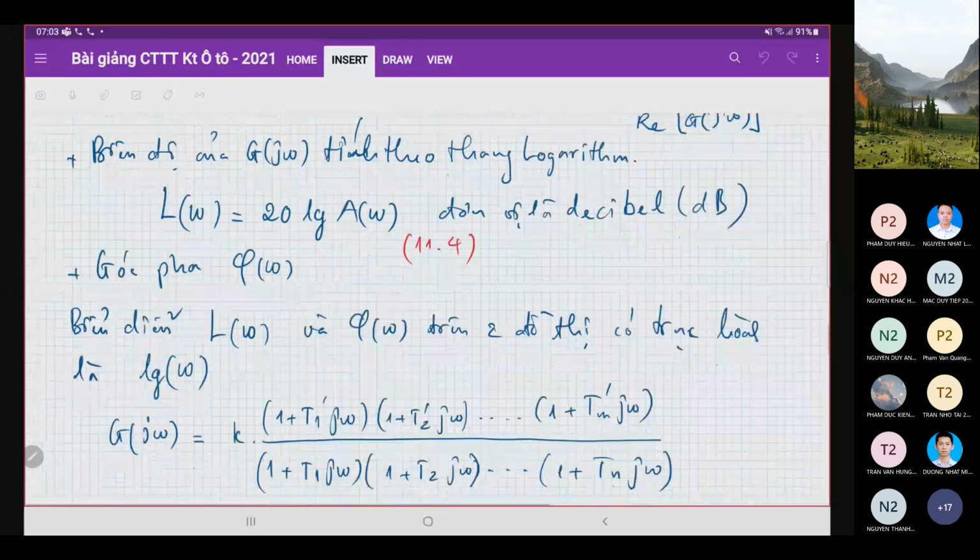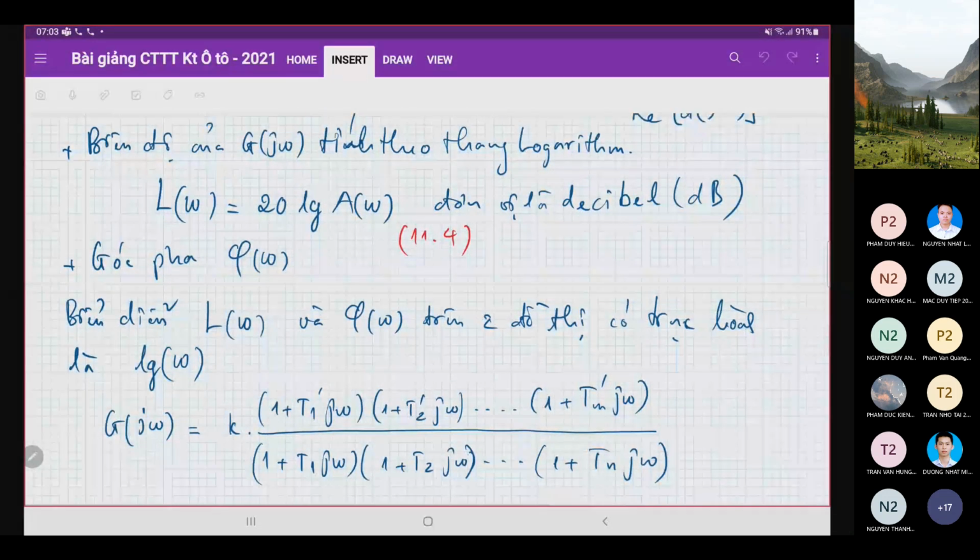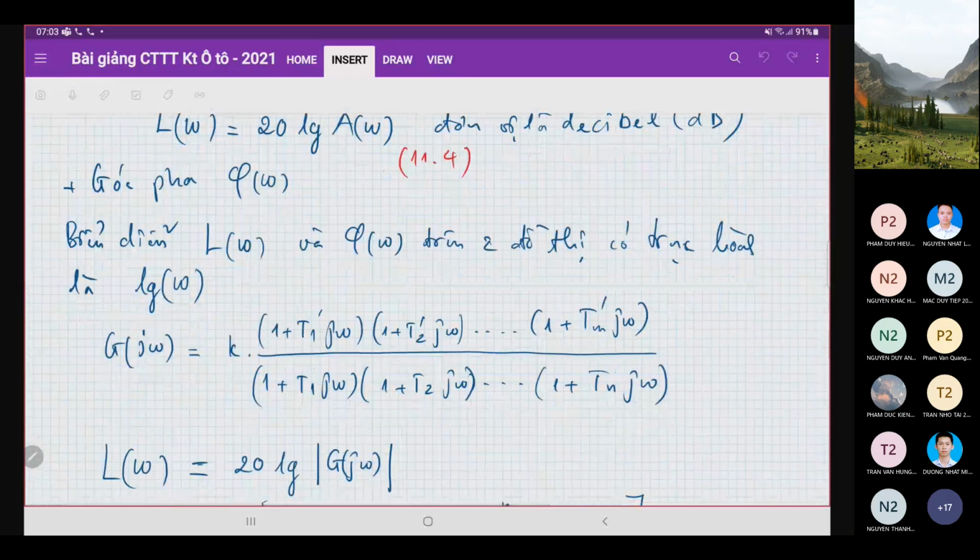Okay, in separated axes, and in the magnitude diagram we use the logarithm scale.